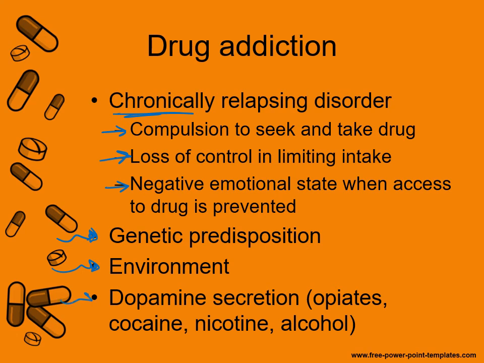And then your dopamine levels are also going to lead to drug addiction. So drugs that affect your dopamine levels are most addictive. So opiates and cocaine, nicotine, and alcohol, which all impact dopamine, are going to be the most addictive of the drugs. Don't do them. They're bad.